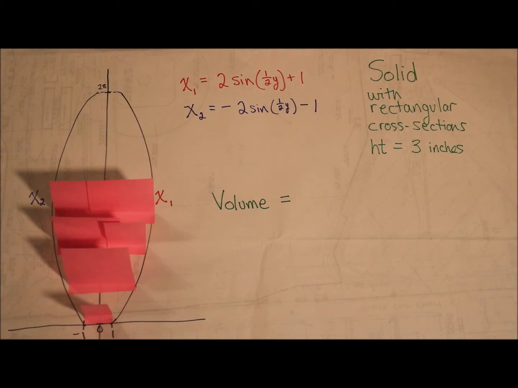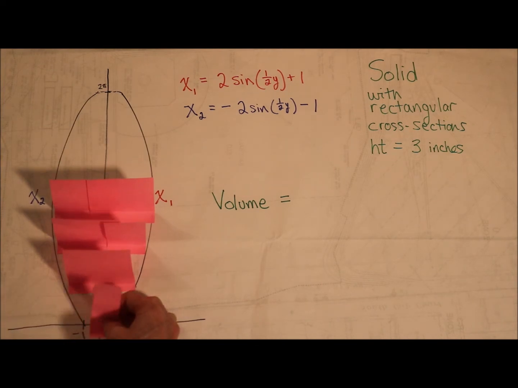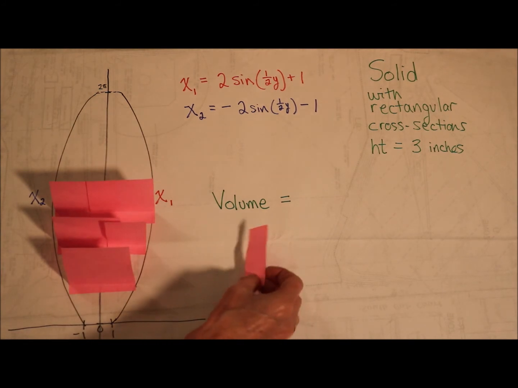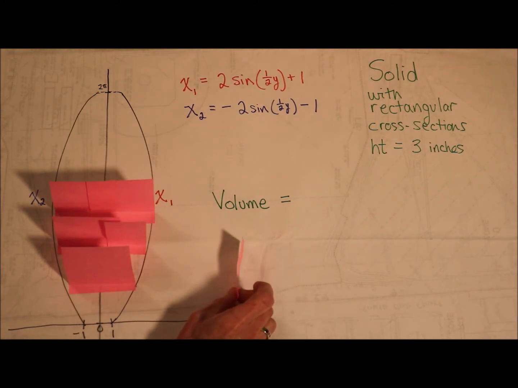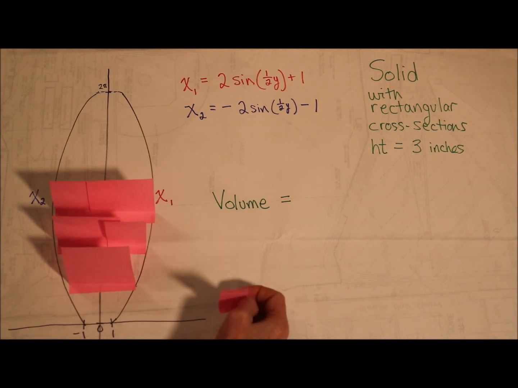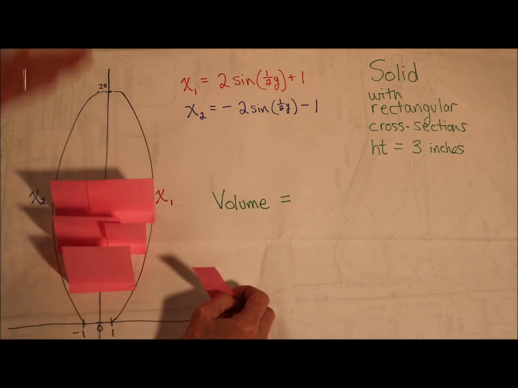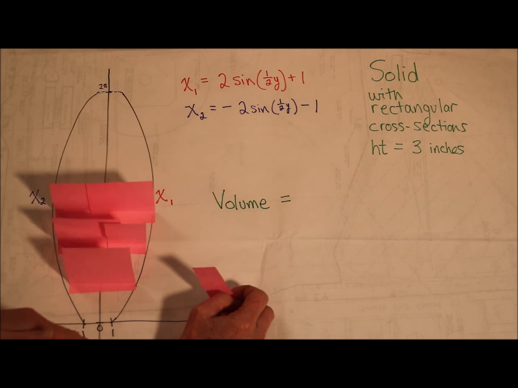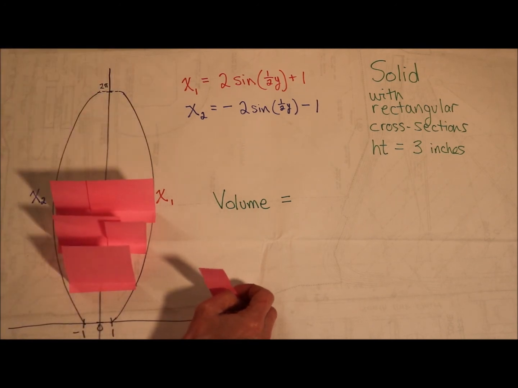All right, so we're going to do this the way we've been doing this. We're going to find the area of each one of these rectangles, and then multiply it by the thickness, which in this case is going to be dy, to get the volume of each rectangular slice. And then I'm going to add up that infinite number of slices from my smallest y value to my biggest y value, in this case from 0 to 2 pi.